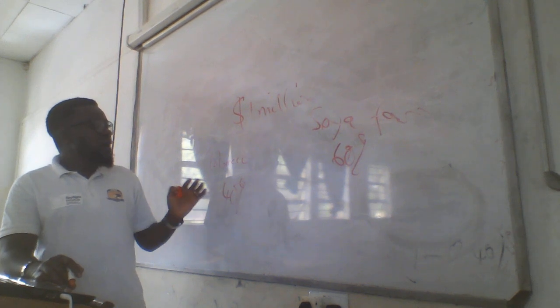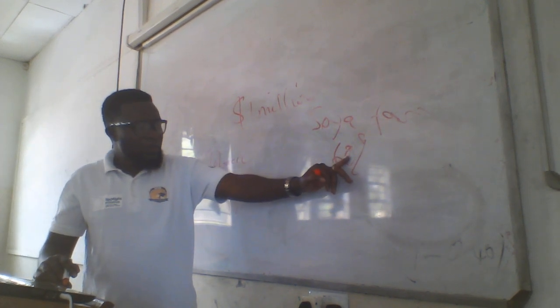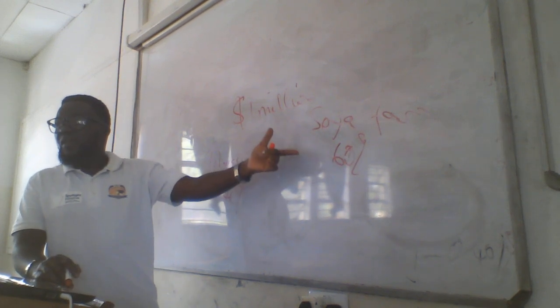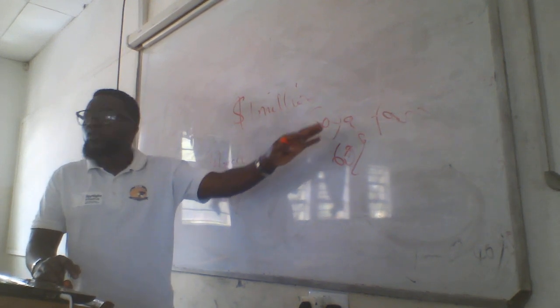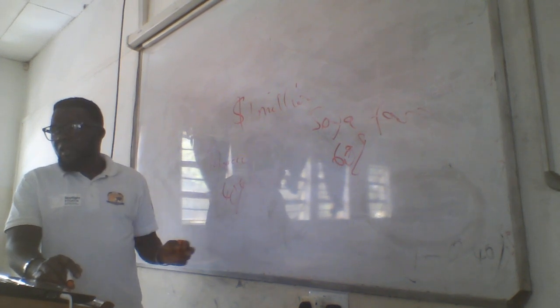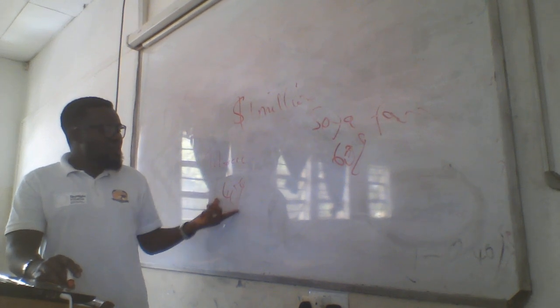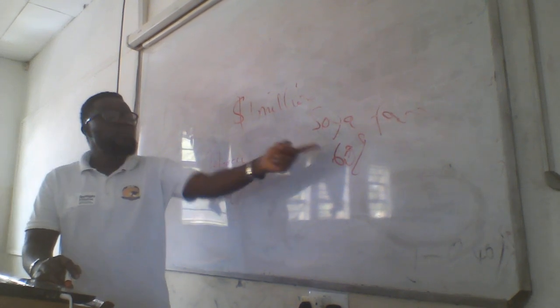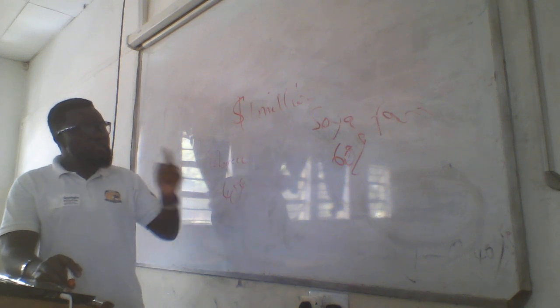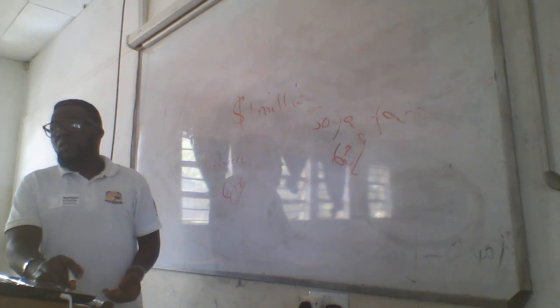Because it means 60% say soya. It means 40% are the chances of people losing in the soya business, they are there. So 40% there are the chances of saying this soya business here can fail, whereas 60% is saying it is going to work.